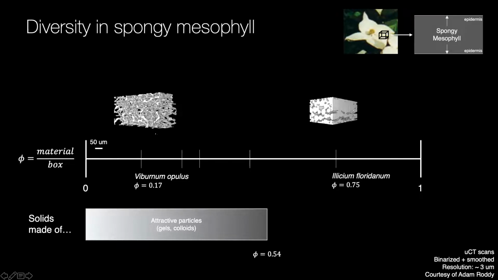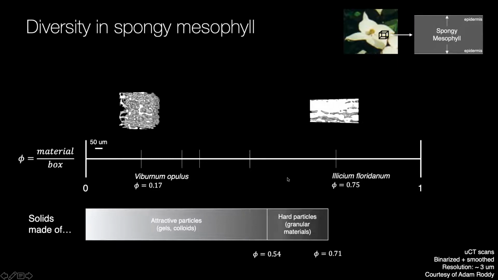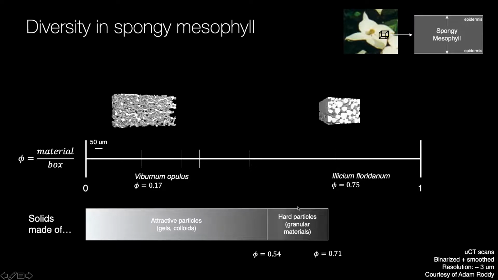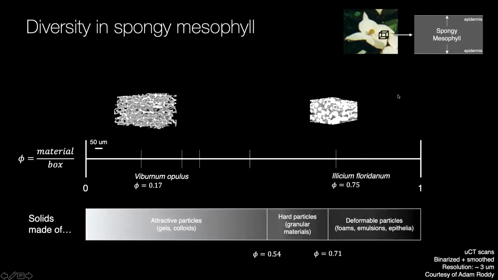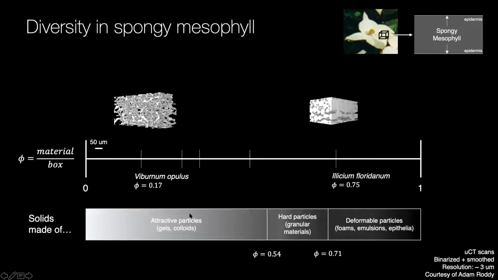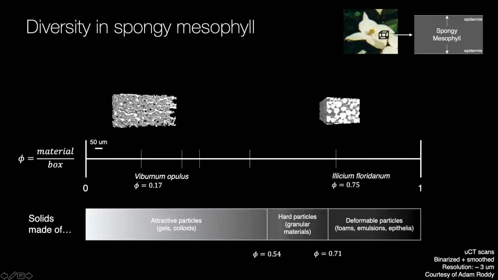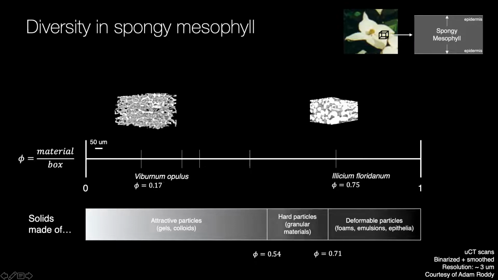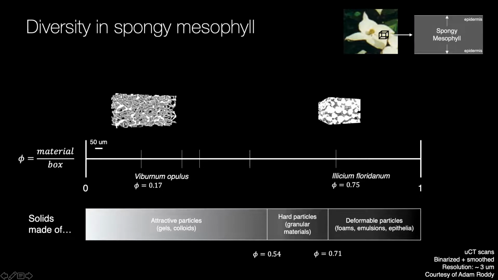This is like something like a hydrogel. In this realm where we have no samples, this is typically where hard particle granular materials live. And then at these very dense samples, this is where we would typically have things like foams or emulsions or dense epithelial tissues. So we have basically the broad gamut of possible soft solids represented in the different scans that we can obtain by just looking at flower petals.